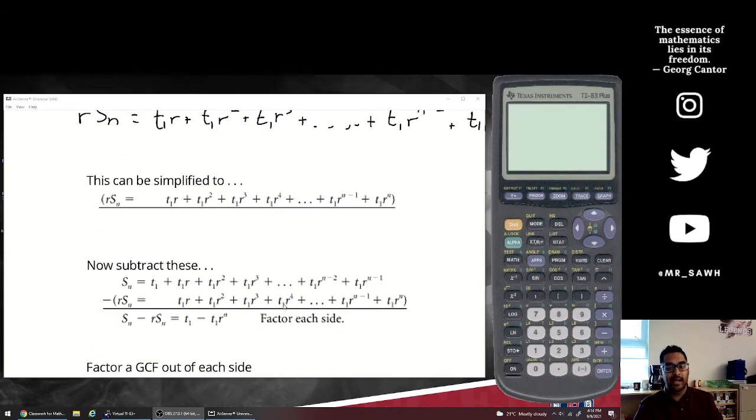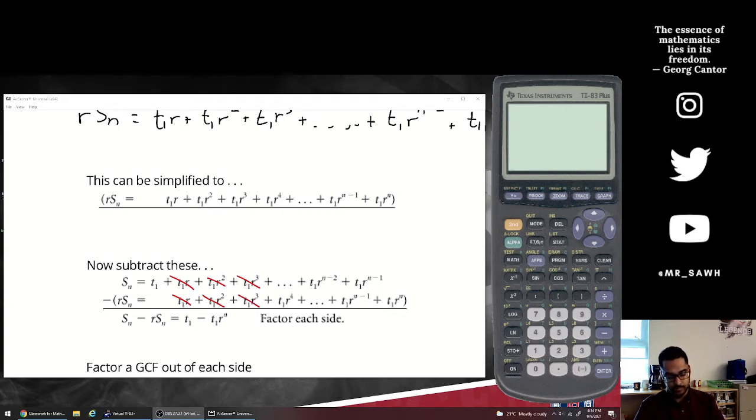Now, if you subtract the one you started with, the original sum formula adding up the terms, and the one which we multiplied both sides by r, things start to cancel out in between, and I'll even start crossing things out for you. You're going to see t1r's, t1r squareds, t1r cubes, all the way down.